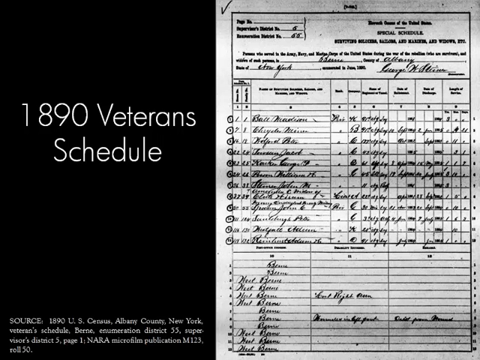It is specifically Union, but in some of the southern states, they did record the names and information about Confederate veterans, even though that was contrary to the instructions. In some states, you have to thank your lucky stars that they didn't follow the instructions and they recorded Confederate veterans as well. Now this schedule is specifically about Union military service, and it's in two parts.